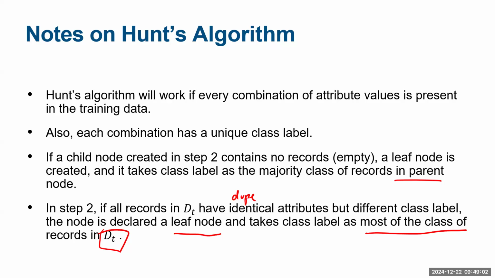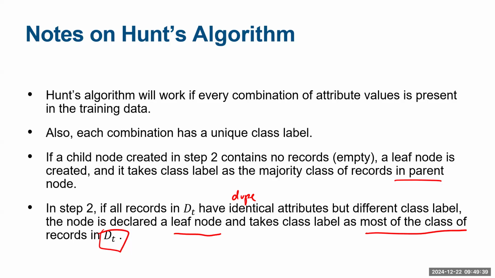Right. Because every time I make a leaf node, I pick the majority class, the one that is most common in that set. It means that if I ever come to a situation where two classes have the same number of records, then I would be in trouble.